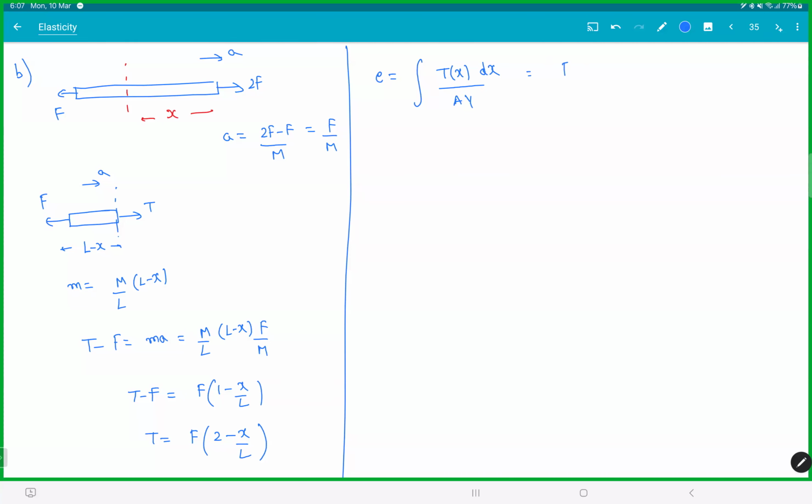So this would be F by AY integral of 2 minus x by L dx. This is F by AY into 2L minus L square by 2L, which is 3FL by 2AY.